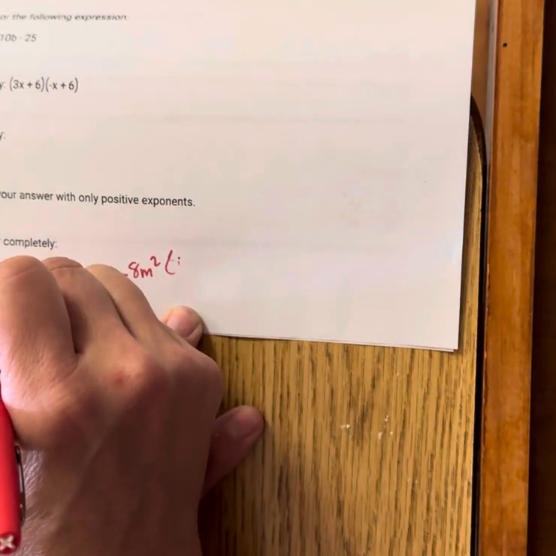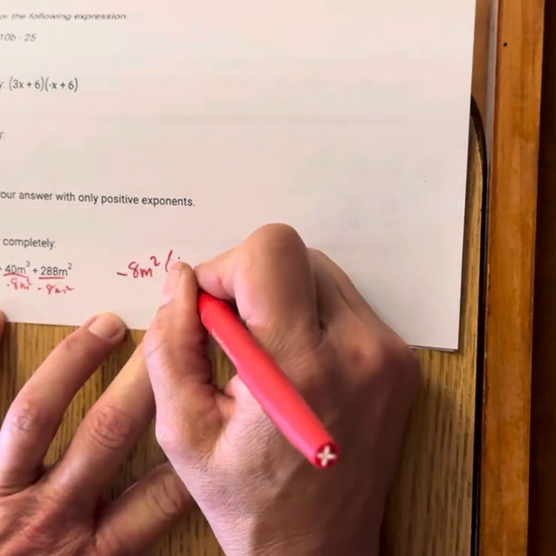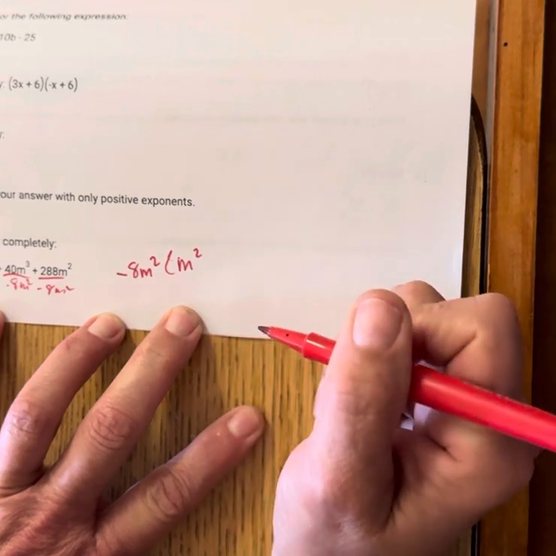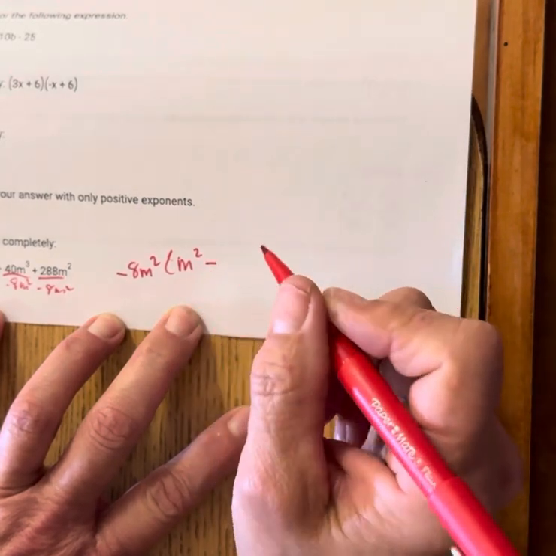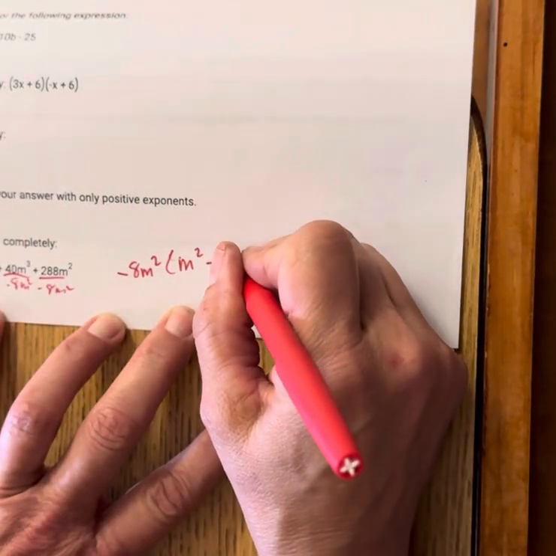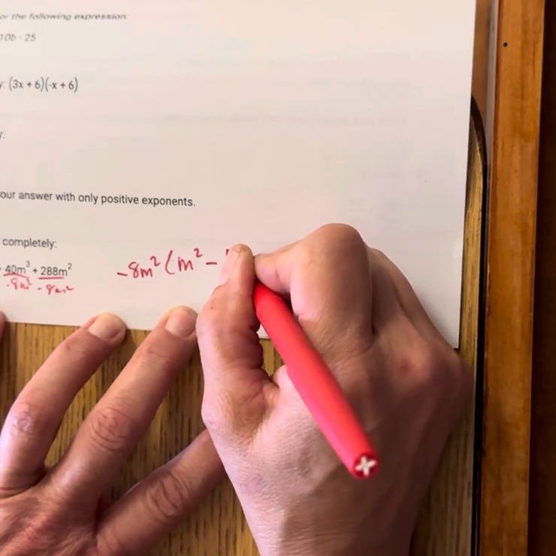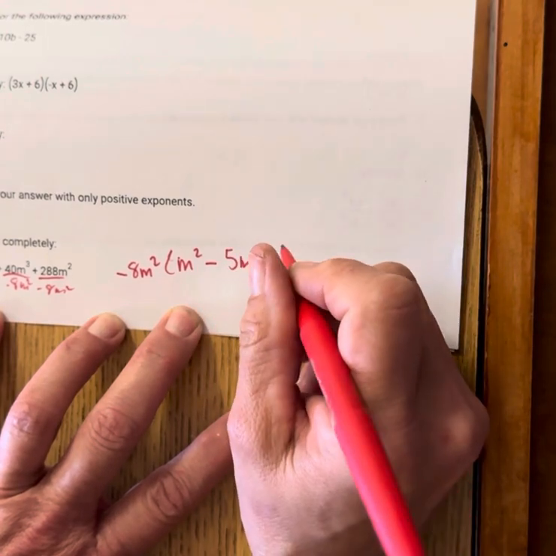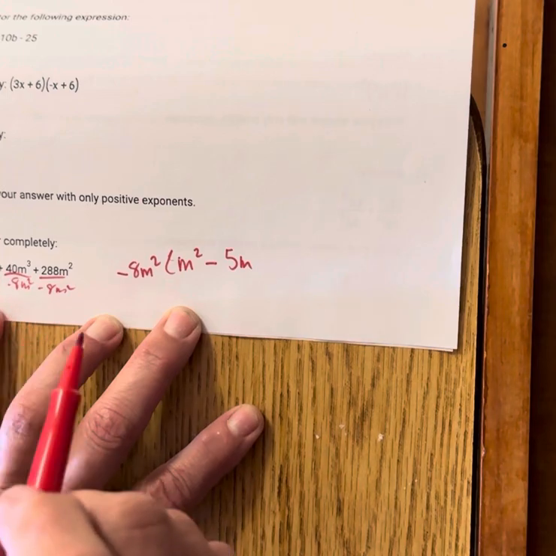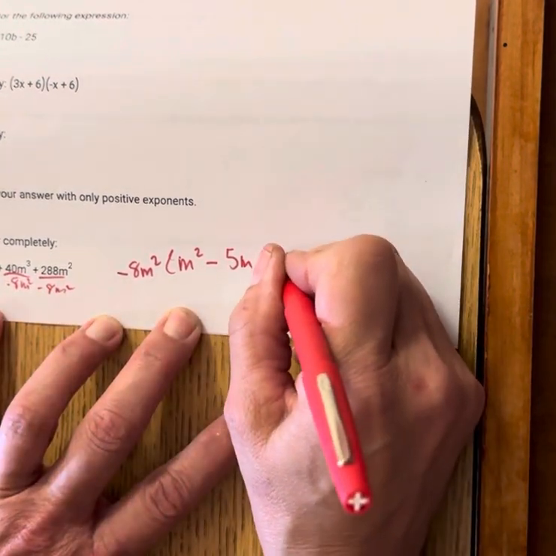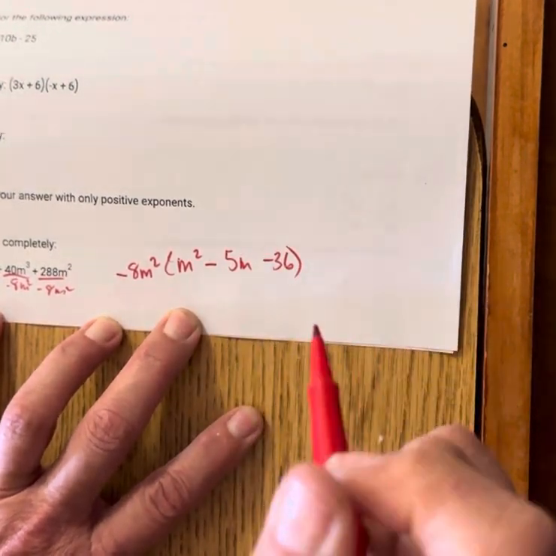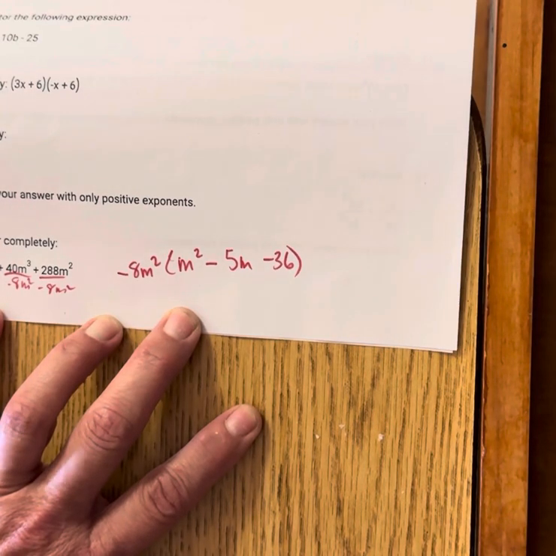So when you divide, you subtract. So 4 minus 2 is m squared, minus 5m, and 288 divided by 8 is 36. So -36. Now we're back to the regular factoring.